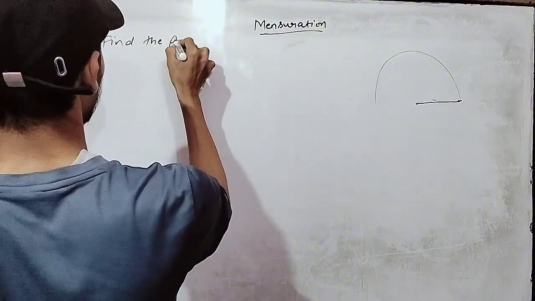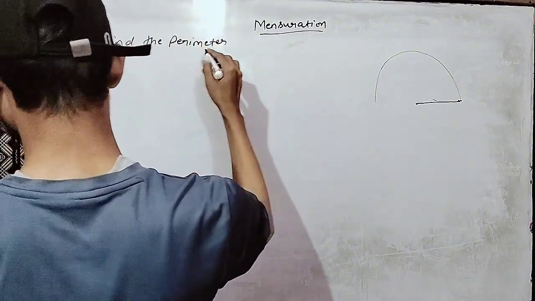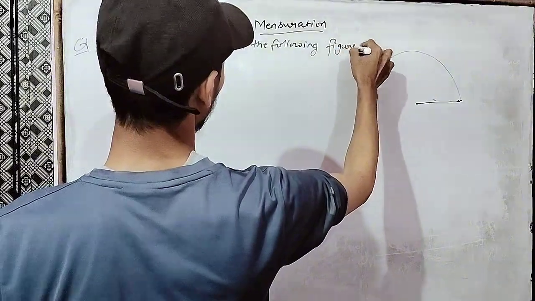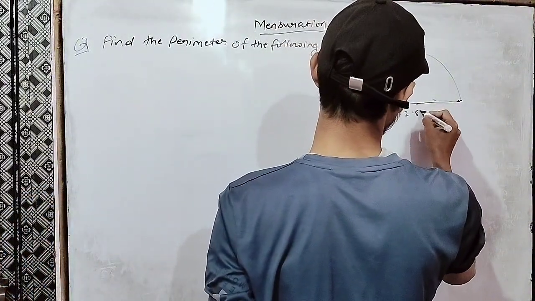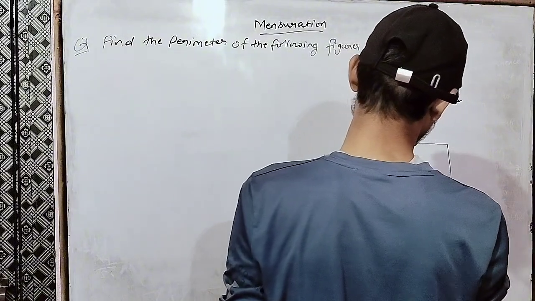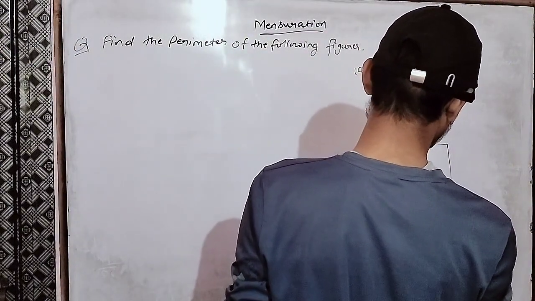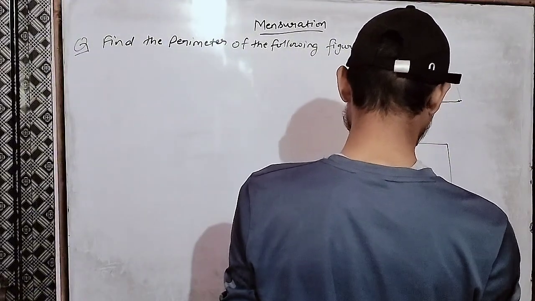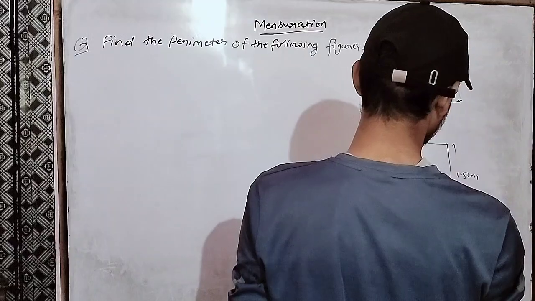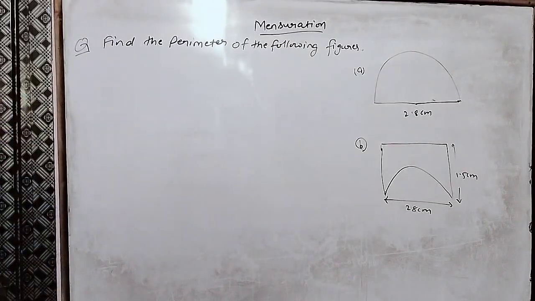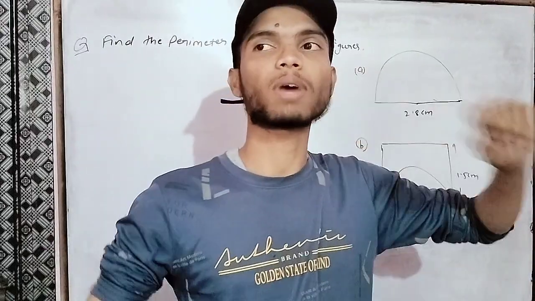I have a question. We have two questions, and the question says find the perimeter of this given figure.